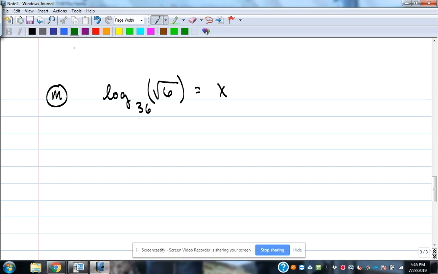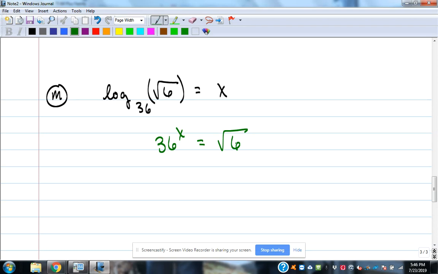I've got a log equal to x, so I set it up as an exponential: 36 to the x is equal to the square root of 6. That square root was already in the problem, so I don't have to put plus or minus in it.